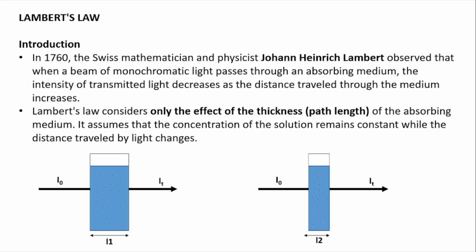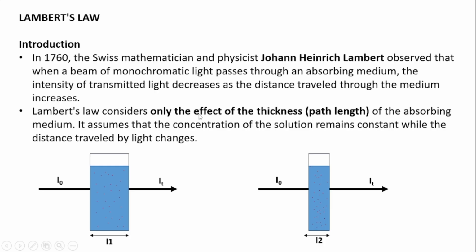In 1760, the Swiss mathematician and physicist Johann Heinrich Lambert observed that when a beam of monochromatic light, which is light of a single wavelength, passes through an absorbing medium, the intensity of transmitted light decreases as the distance traveled through the medium increases.